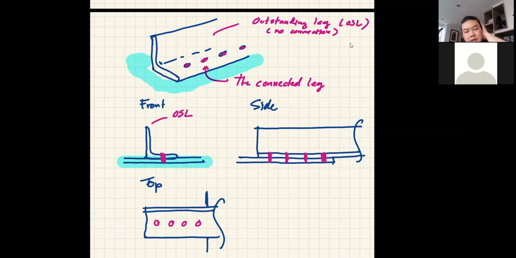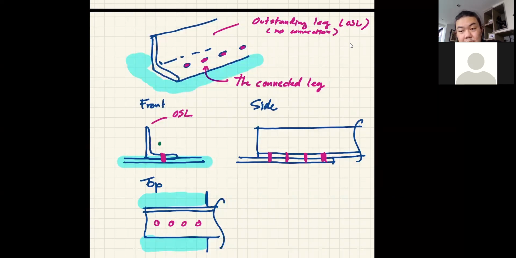The most important idea is that the fact that you can only connect one leg means that you cannot connect the entire cross section to the support. So the shear lag problem is going to occur. Because of this, the force actually comes through the centroid of the member.